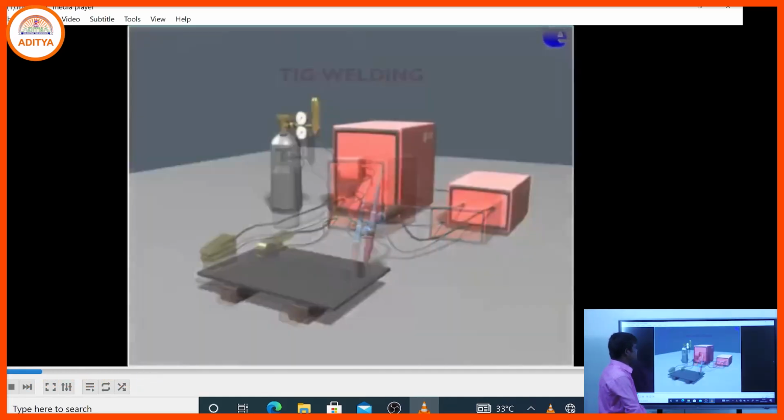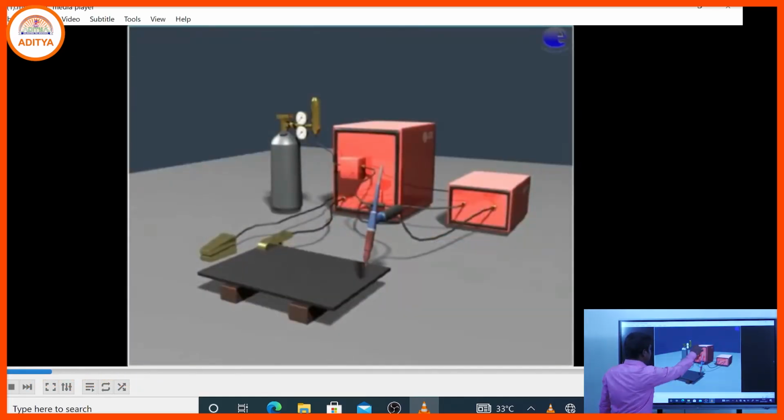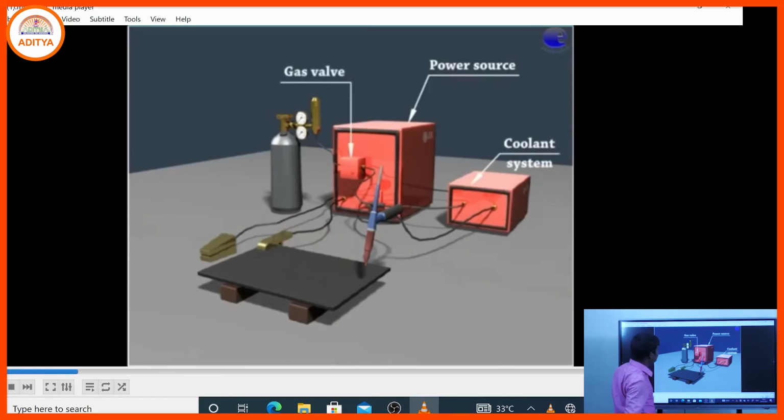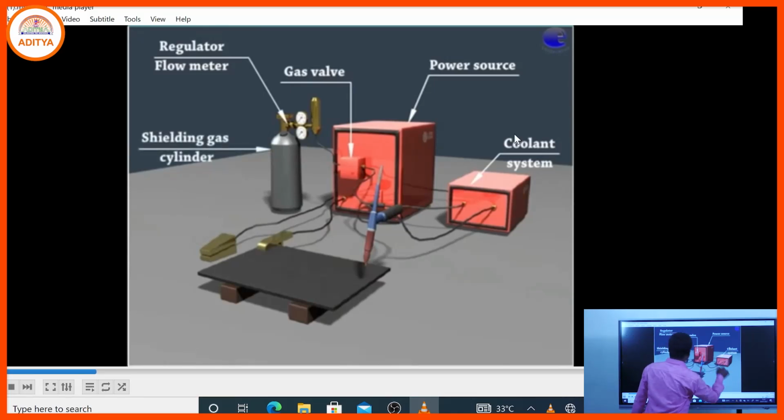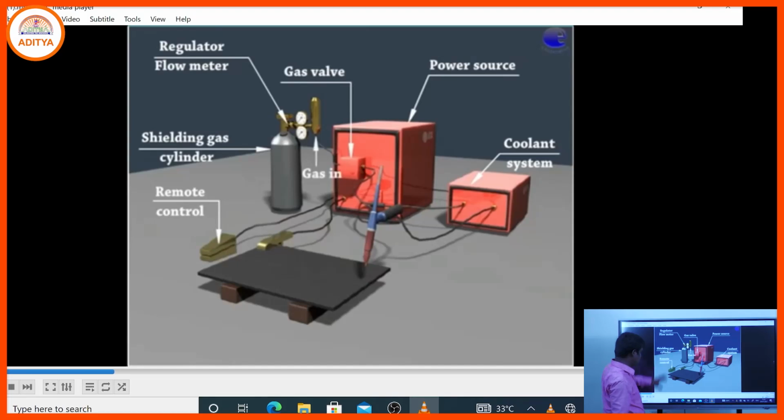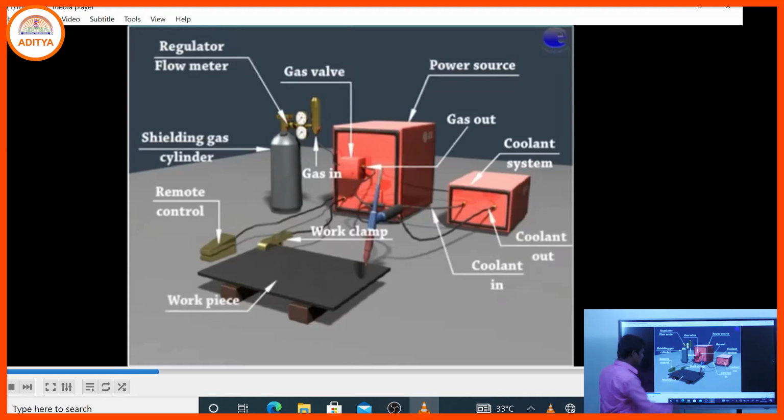That is the TIG welding setup, and that is the power supply unit. That is the gas cylinder from which the shielding gases will be supplied, that is the gas valve, and that is the coolant system. The regulator is there to control the flow of the shielding gases. That is the remote control through which we control the welding operations, and that is the work clamp connected to the workpiece.